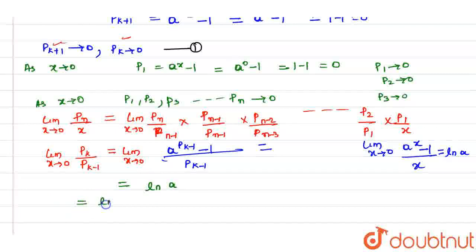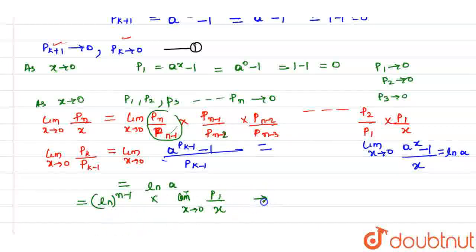Now I get log A power n minus 1 multiplied by limit x tends to 0 of P1 divided by x, because all things will cancel out each other. This is Pk upon Pk minus 1, in the same equation, so this is log A, so I write it as log A whole power n minus 1, right?